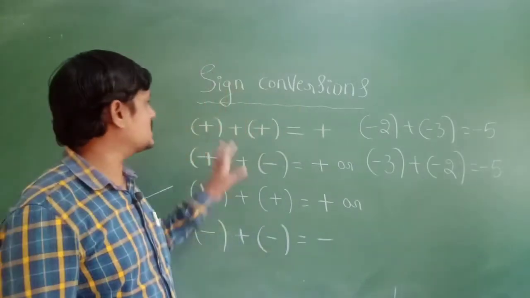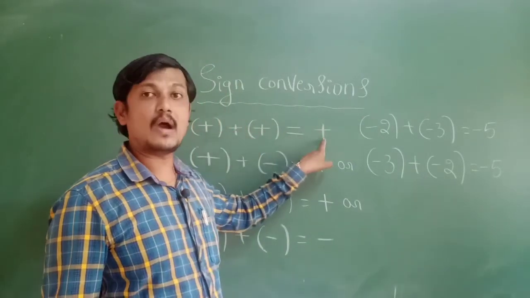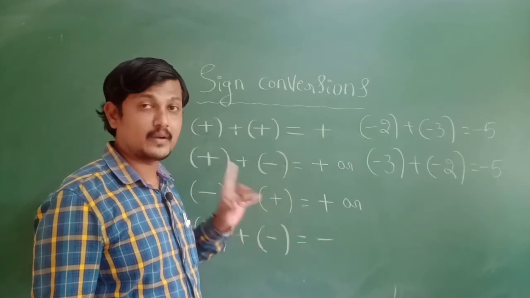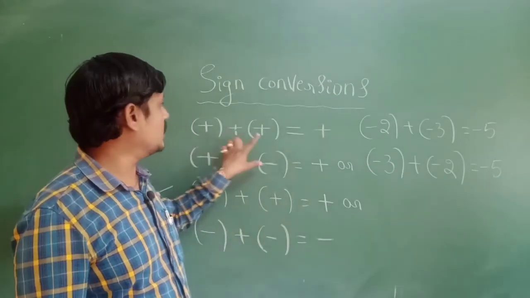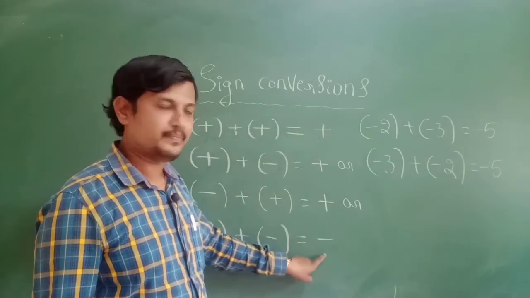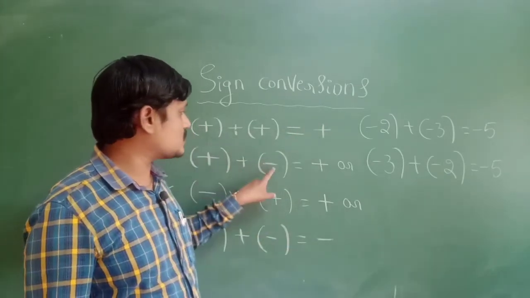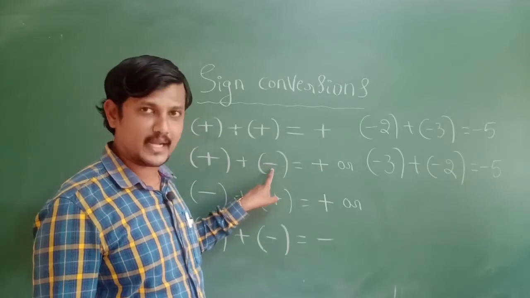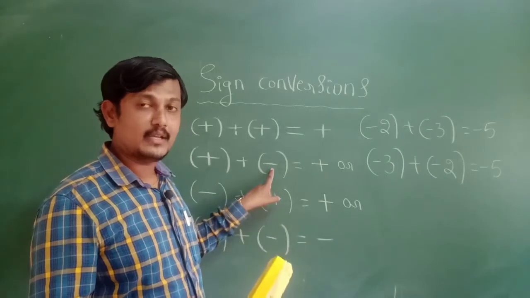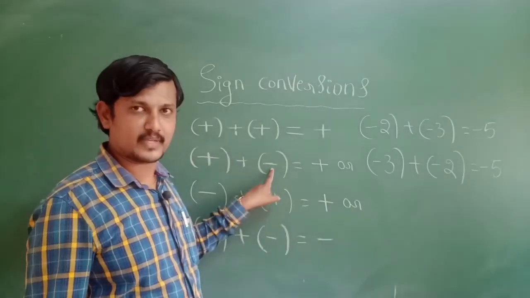If both signs are the same, we add, in addition or subtraction, not in multiplication. Both positive means positive. Both negative means negative. If one is positive and one is negative, we subtract. Then the final sign depends upon which is the bigger one, right?